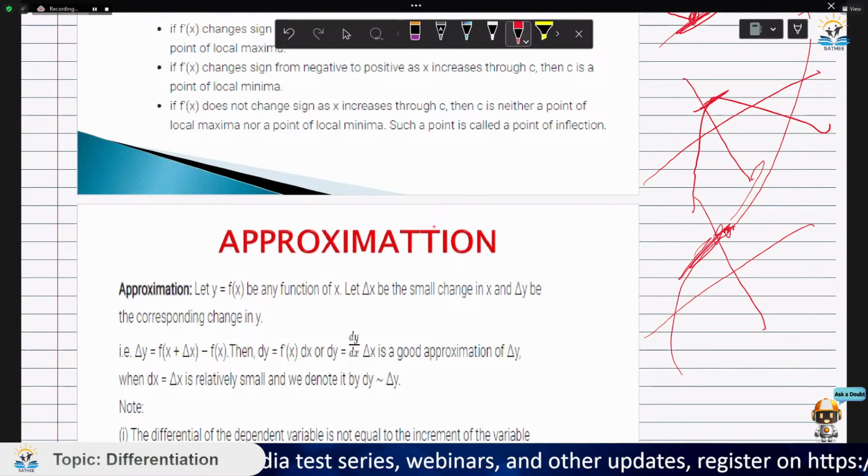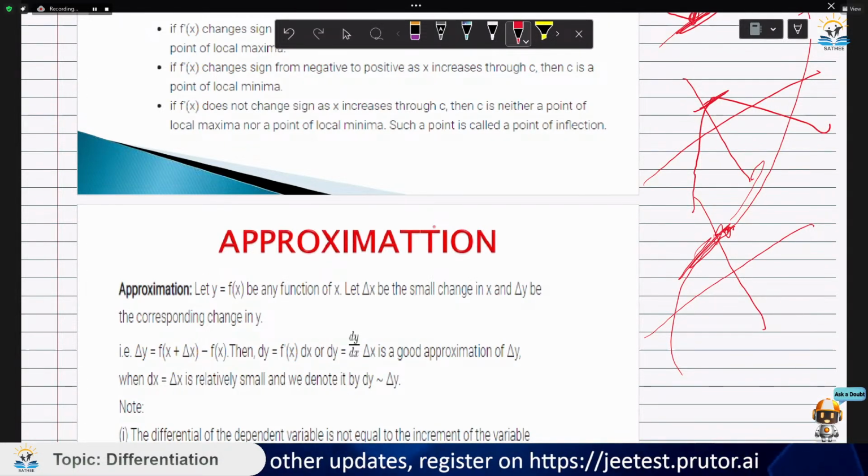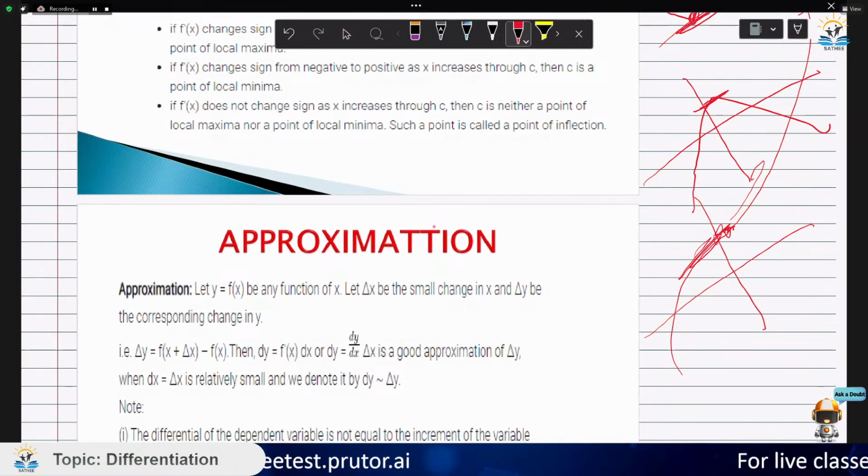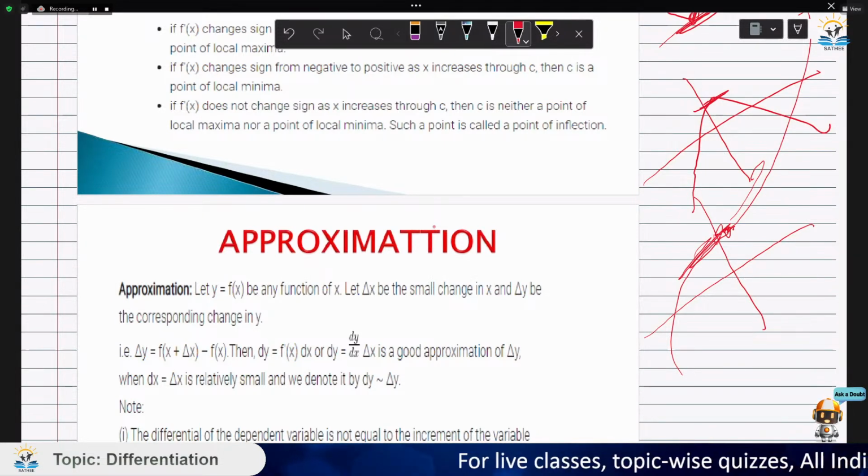Differentiating, we have 0 minus 2 times minus 1 times (e to the power 2x plus 1) to the power minus 2, and then e to the power 2x and a 2 again. So we have 4 times (e to the power 2x plus 1) to the power minus 2 into e to the power 2x. Since this is a positive term, it is always increasing.